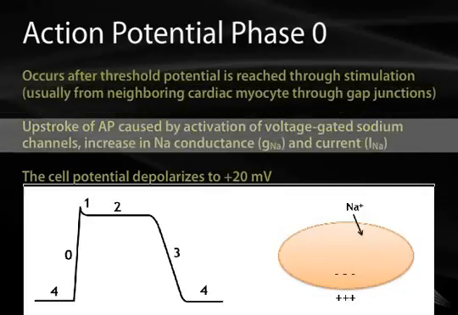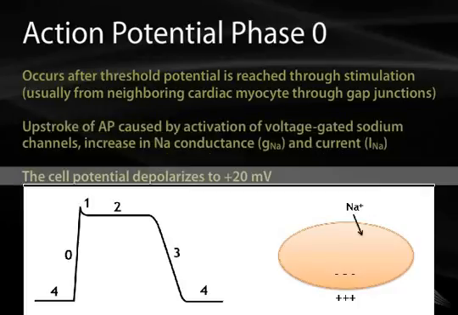The upstroke of the action potential, or phase 0, is caused by activation of voltage-gated sodium channels. This causes an increase in sodium conductance, meaning the ability of the sodium to cross the lipid bilayer, and the current. The cell will then depolarize from -90 to +20 millivolts, meaning the inside of the cell becomes more positive.